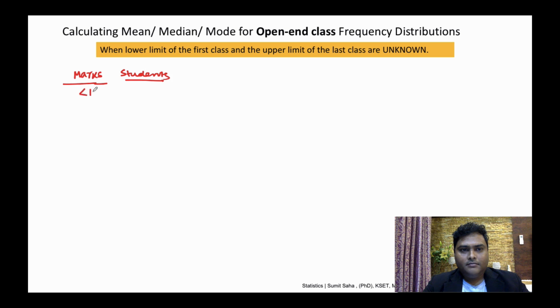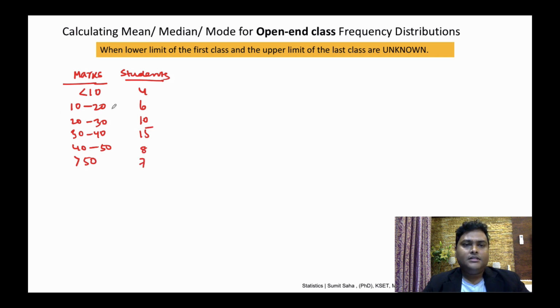So let's say the frequency distribution is given like this: less than 10, 10 to 20, 20 to 30, 30 to 40, 40 to 50, and more than 50. The frequencies are like this: 4, 6, 10, 15, 8, and 7.